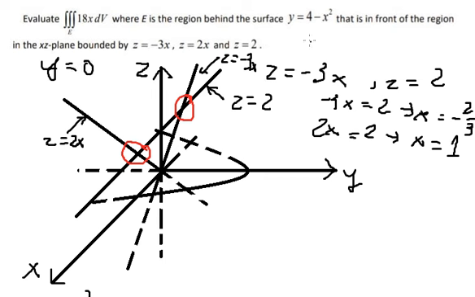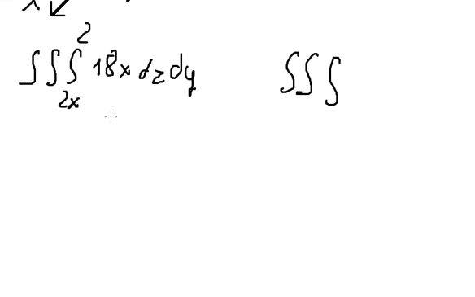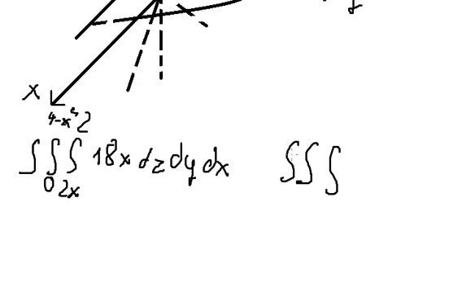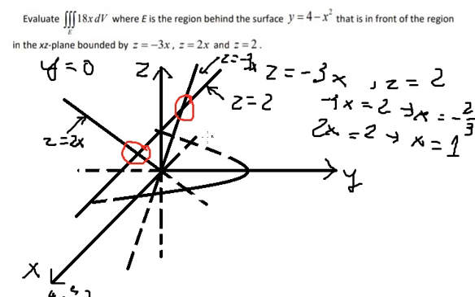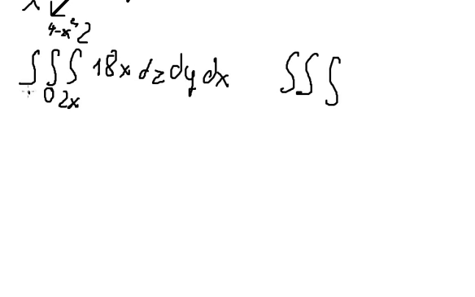So y will be between 0 and 4 minus s squared. About the s, it goes from 0 to 1, so we have the integral from 0 to 1.